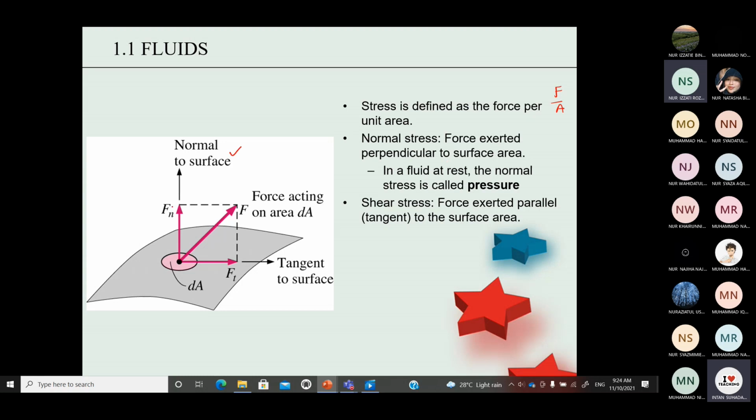If it's parallel, or we call it tangent, the force exerted parallel or tangent to the surface area, we call this shear stress. So the difference between normal and shear is only the direction of the force. For normal it's perpendicular, for shear stress it's parallel.